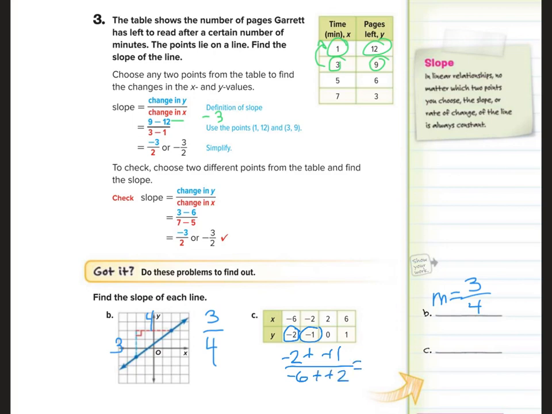So negative 2 plus 1 is negative 1, and negative 6 plus 2 is negative 4, which would just be 1 over 4, because a negative over a negative is a positive. So the slope for C is 1/4, and I'm going to set that one equal to m as well.